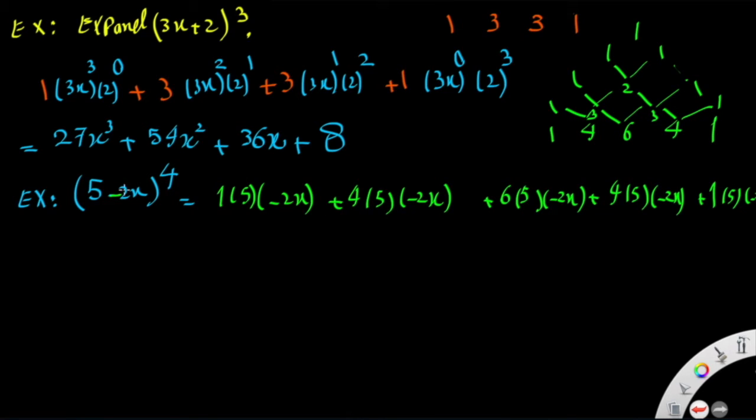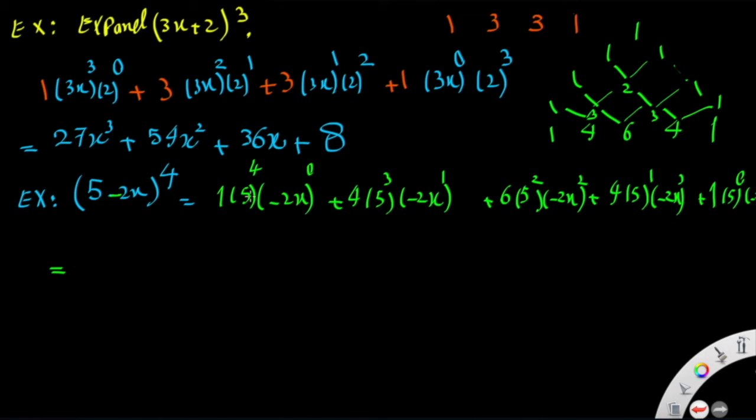Now let's go for powers. So in descending order, 3, 2, 1, 0. The second one, 0, 1, 2, 3, and 4, so that they keep adding up to 4. 4 plus 0 is 4, 3 plus 1 is 4, and it will be the same for the rest.